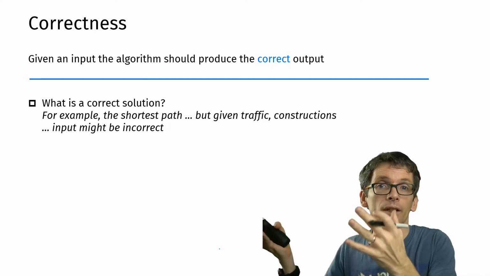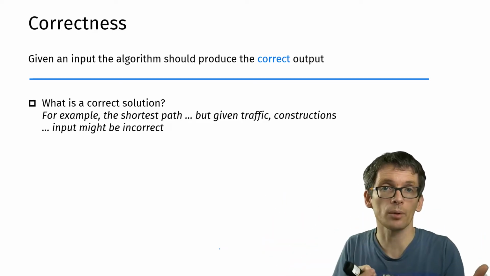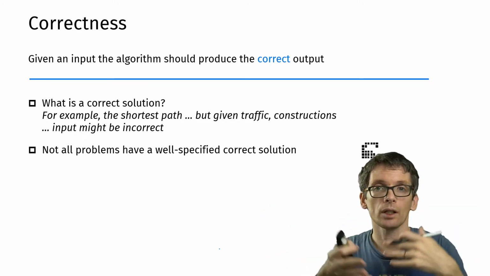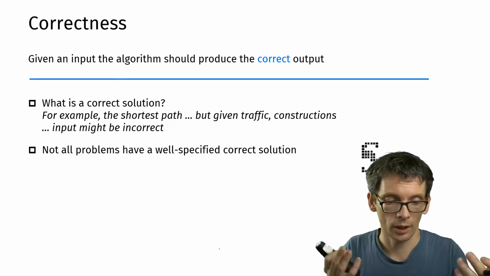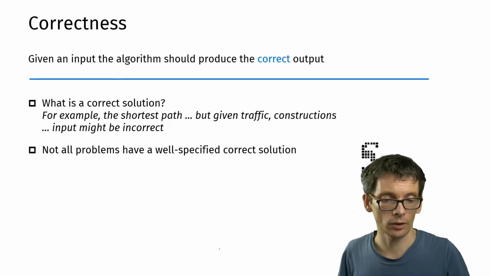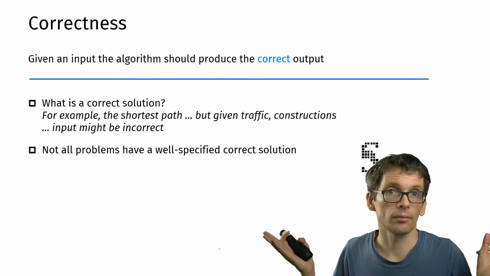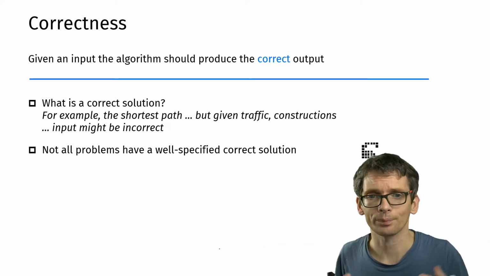So without all the input, I won't be able to produce that output. Also, there might be problems where it's not even clear what the correct solution is. So here, if I want to do character recognition, okay, it looks like an S, but how do I know?